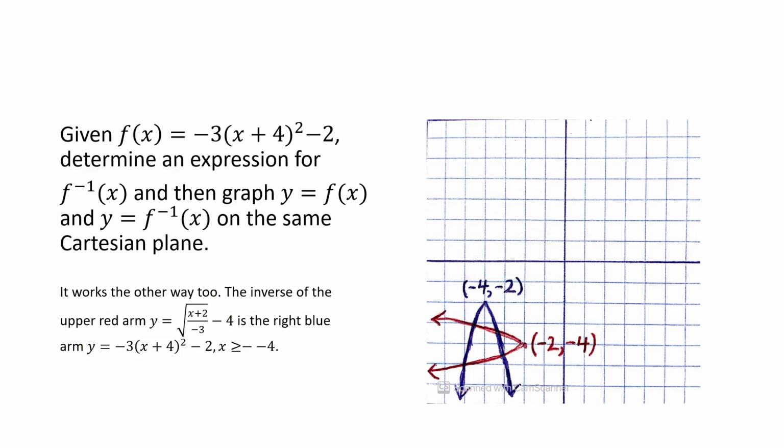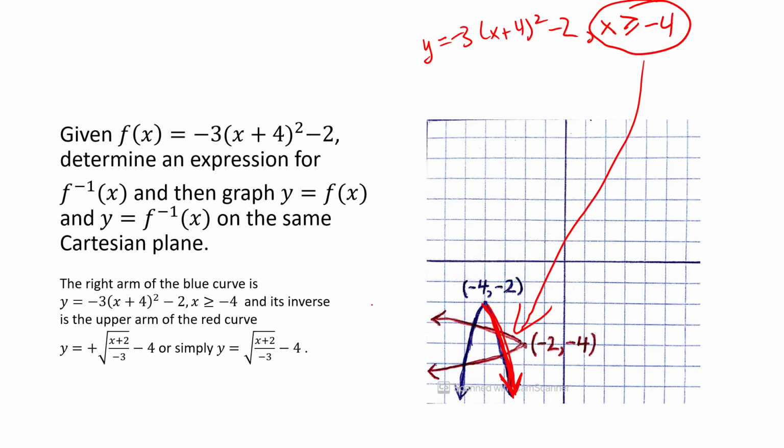But going backwards a couple of slides, if we put x greater than or equal to negative 4, and in that way say we're only using the right arm of the downward parabola, then we only put a positive sign in front of the square root.